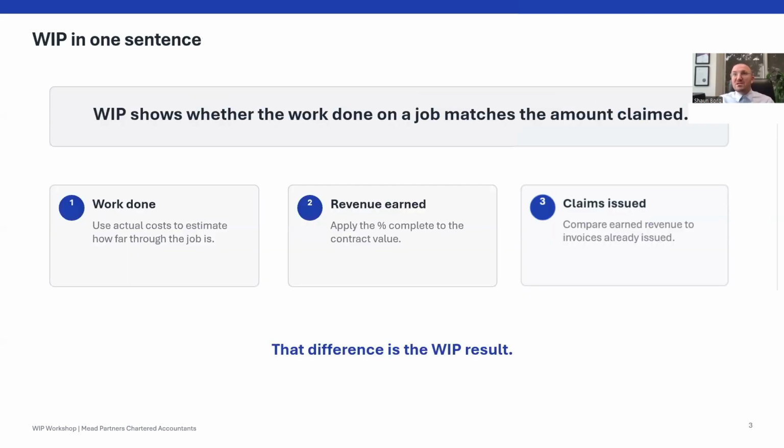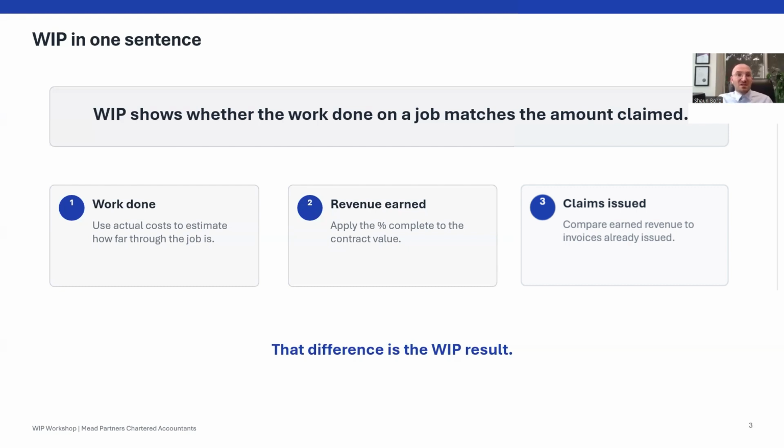So first, let's simplify what WIP actually means. WIP shows whether work done on a job matches the amount claimed. There are three steps. First, we estimate the work done using actual costs compared to expected costs over the course of the job.